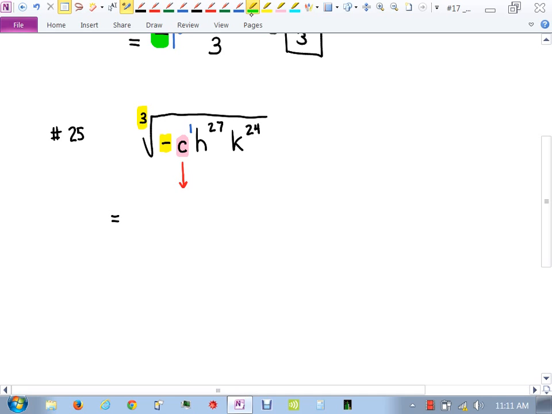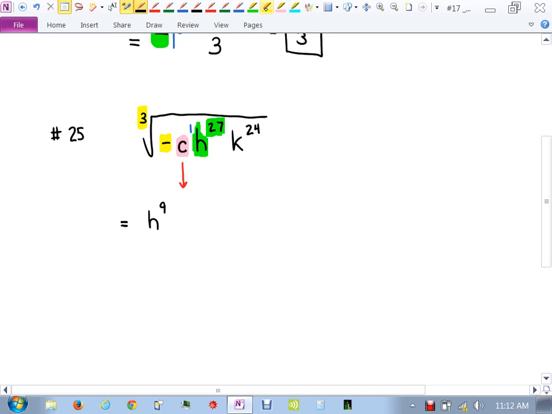How about for the H to the 27? How many times does 3 go into 27? 9 times evenly, right? Nothing left over. So that means I can represent that on the outside as an H to the 9th power.